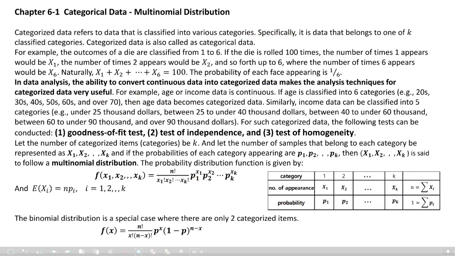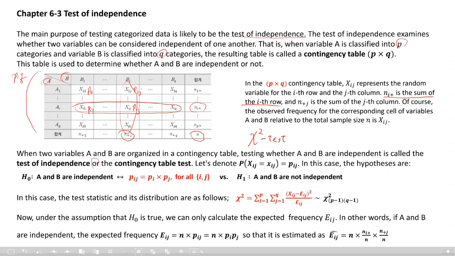We did it for each category: the number of appearances, the observed frequency, random variable x, and probabilities p_1, p_2, up to p_k. That is what I mean here.